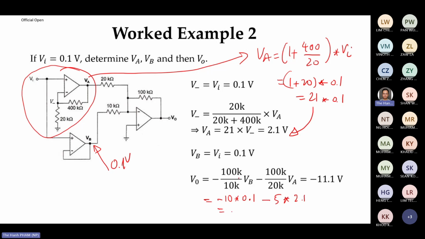So this one is minus 1, and this one is minus 10.5. So you have minus 11.5. So you can write this.